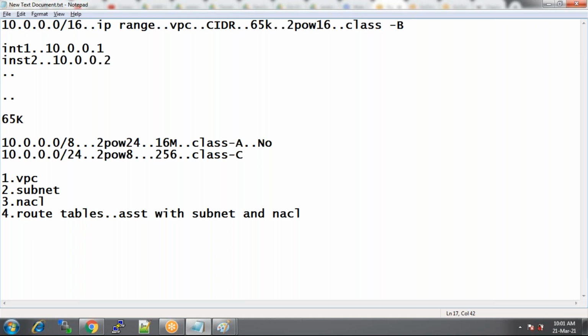What IP range have we provided? 10.0.0.0, right? And your instance's private IP also has to be within the range of the subnet or VPC. Okay, so check this out. These are your observations, and try these things from your side and understand the whole concept.